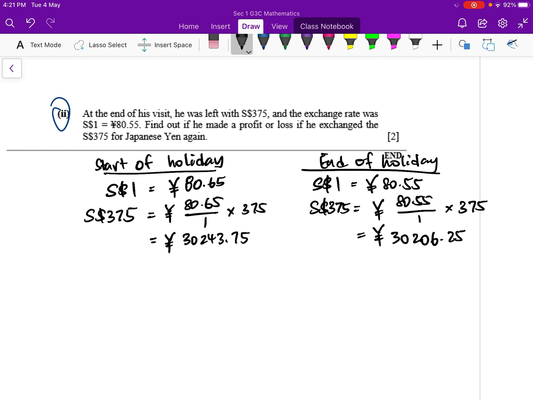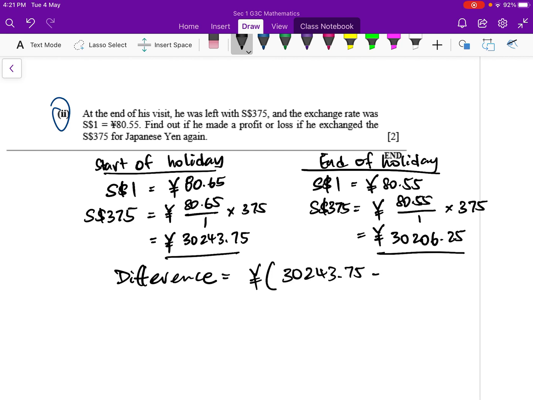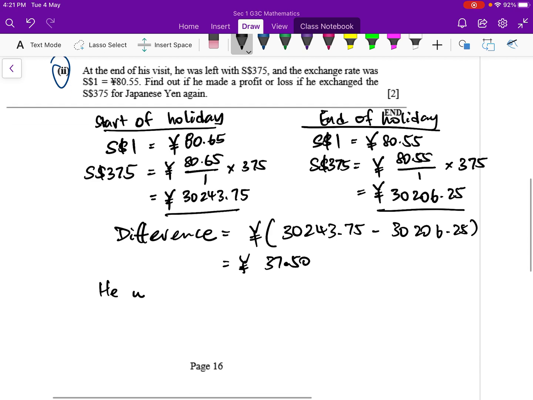So based on this, there's a difference. If he were to change it, he gets less compared to at the start of the holiday. How much less? Difference is 30,243.75 minus 30,206.25. So the difference is 37.5. He will lose 37.50 yen if he changes again.